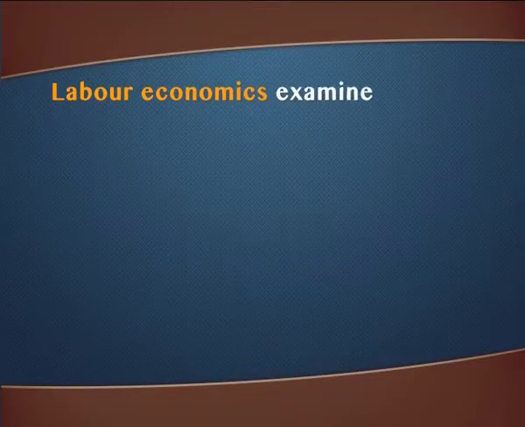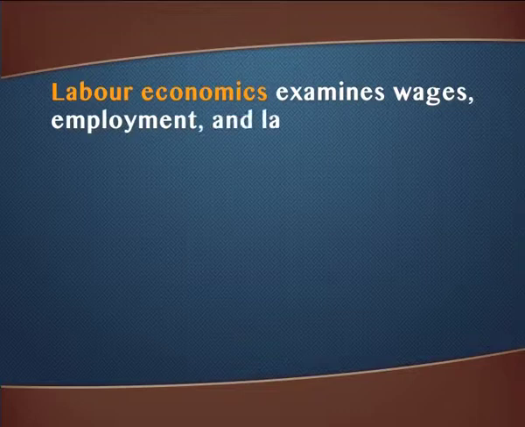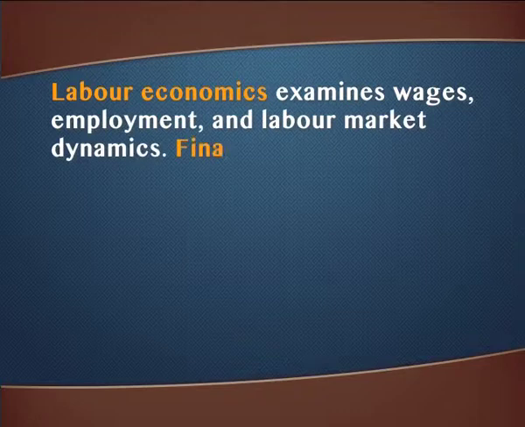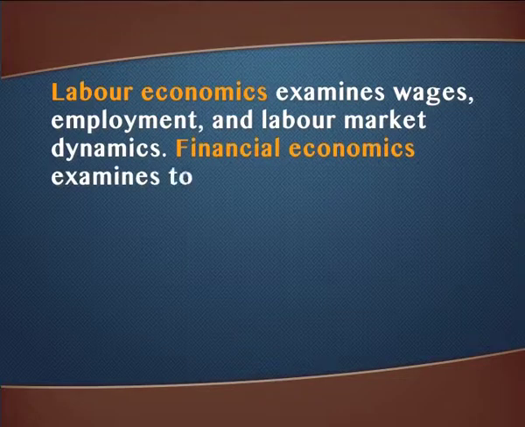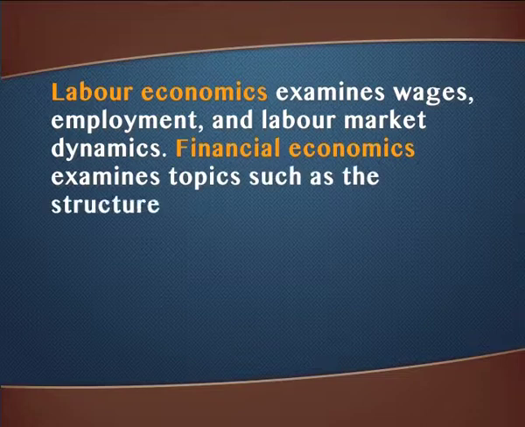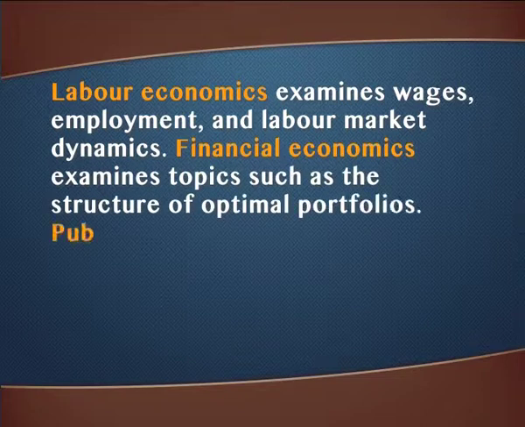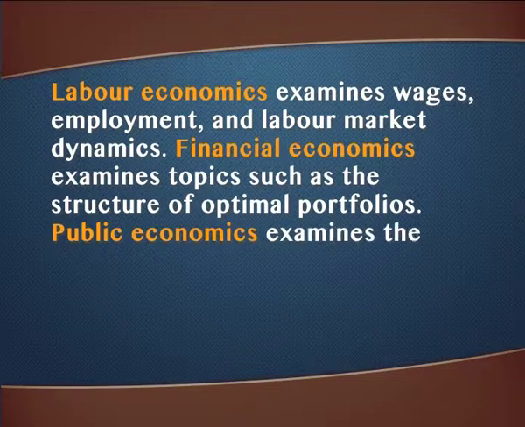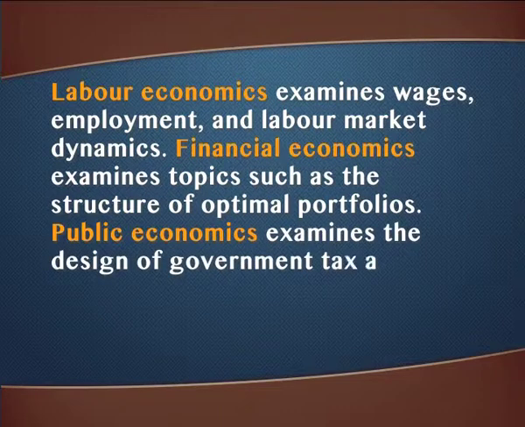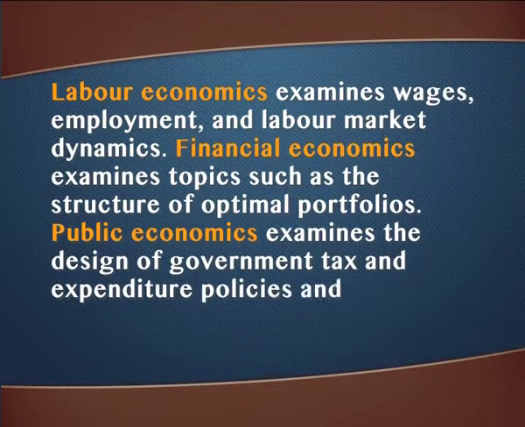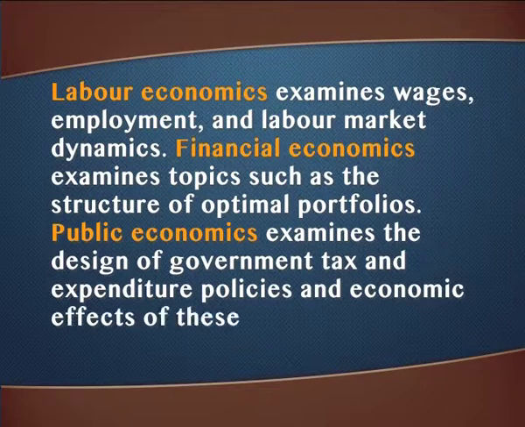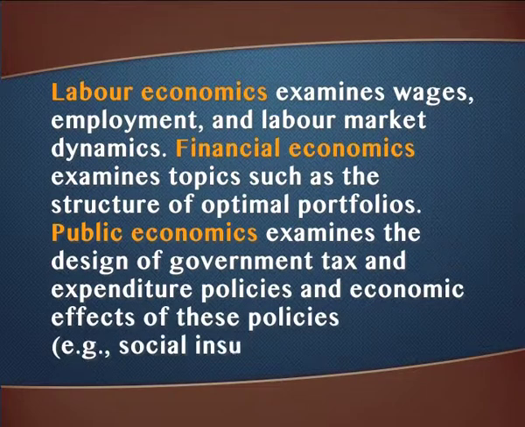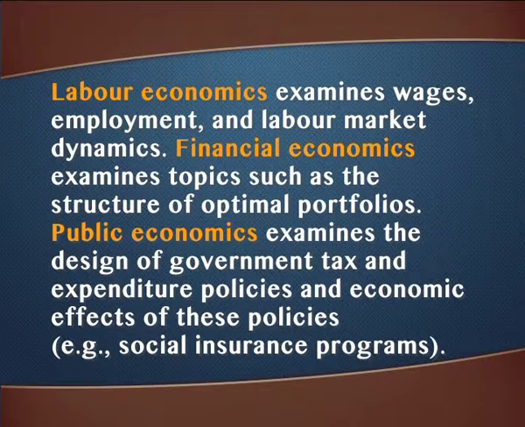Labor economics examines wages, employment, and labor market dynamics. Financial economics examines topics such as the structure of optimal portfolios. Public economics examines the design of government tax and expenditure policies and economic effects of these policies. Example, social insurance programs.